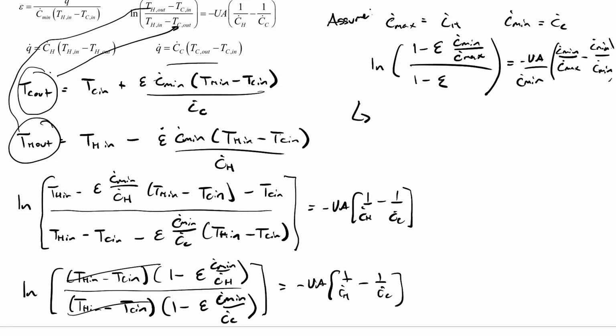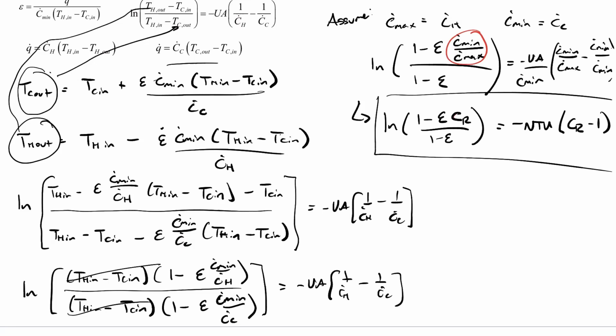This all then becomes this nice compact expression, which is ln of 1 minus epsilon. This thing here is my capacitance ratio, right? So it's actually 1 minus epsilon times capacitance ratio, CR, over 1 minus epsilon is equal to UA over C.min, which is NTU. So it's minus NTU times, again, C.min over C.max, which is the capacitance ratio, minus 1.